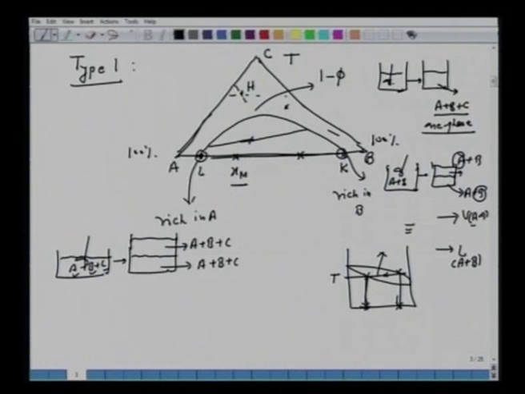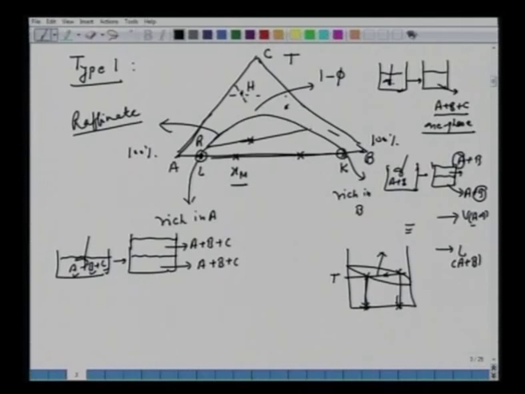So now we have a tie line like this, and we give them the name here. One phase which is rich in A, we are calling it raffinate. So this is raffinate. Any point here will be called the raffinate phase, because this contains a large amount of A and a small amount of C here.